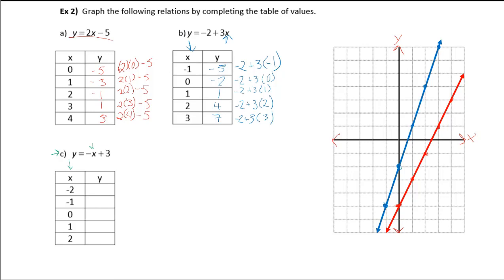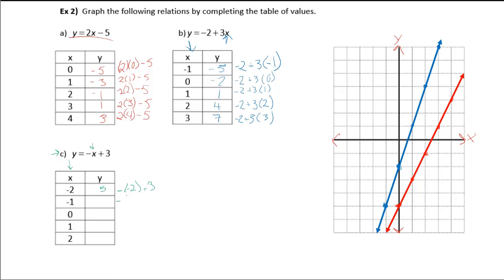Okay, so we have negative x plus 3. So we have negative 2 for our first x value. So we have negative negative 2 plus 3. Well, negative becomes a positive. So that's positive 2 plus 3. So this becomes positive 5 for our y value.